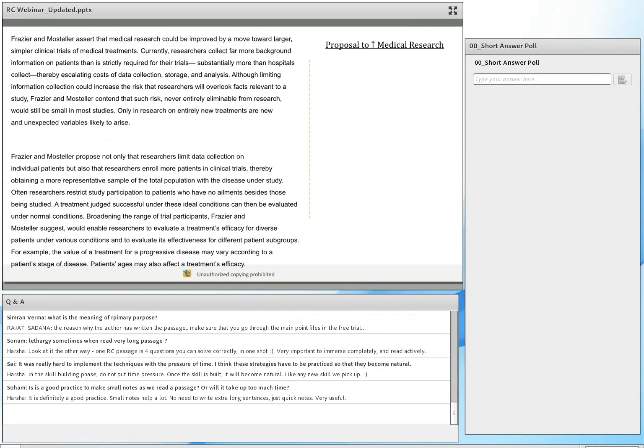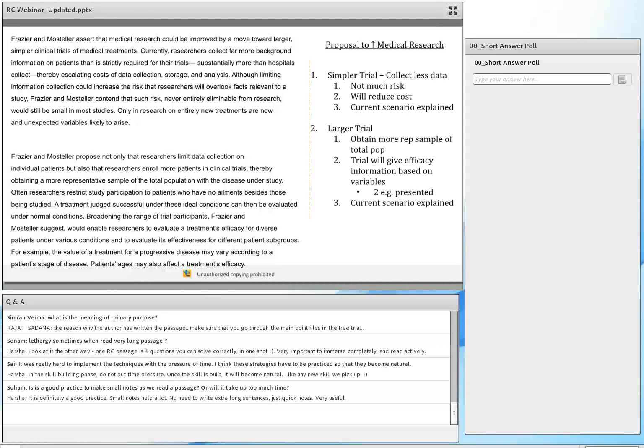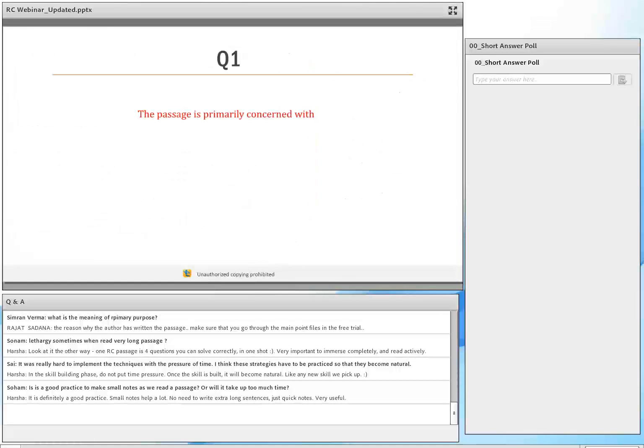When you think about it, let's kind of do what we call as a paragraph summaries as to what's going on. The proposal to improve medical research, okay, and in two ways. One is simpler trials, where you collect less data and there's not much risk in collecting less data. It'll reduce the cost. And the current scenario, how what's done is explain where we're collecting way more data. Then the second proposal to improve clinical trials is you take larger trials.